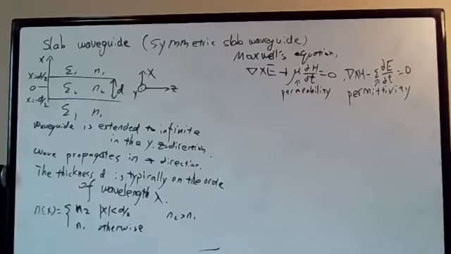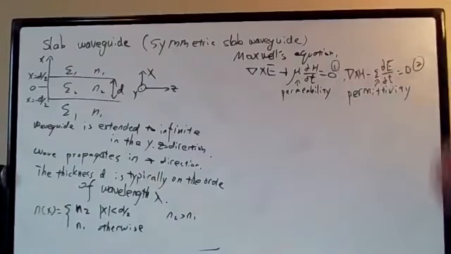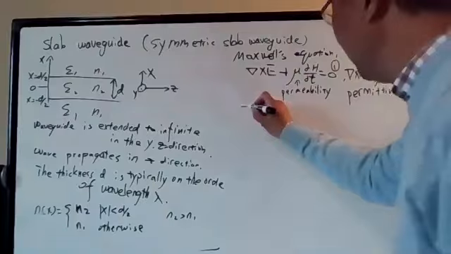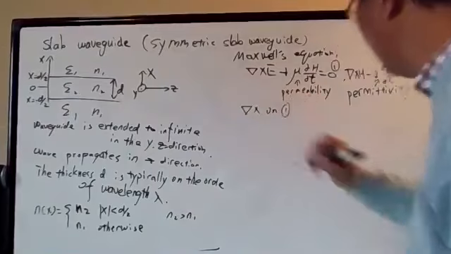Okay, so this is equation 1, this is the second equation, right? Let's use a curl operator on the first equation. Let's apply this curl operator on the first equation.